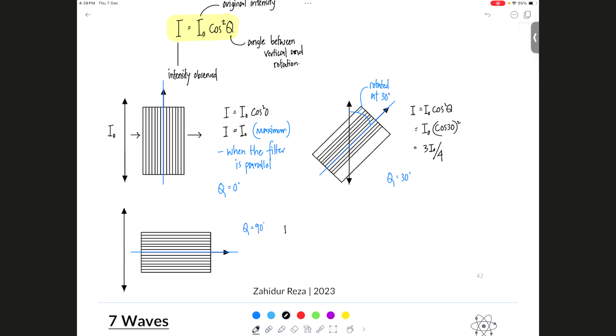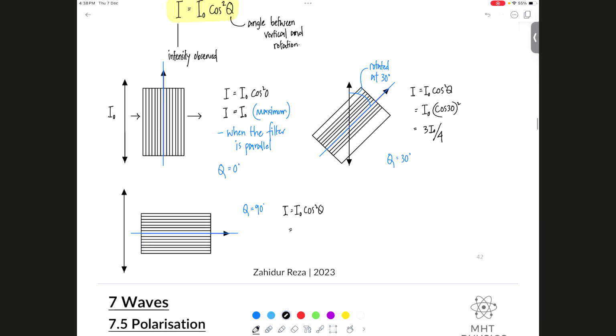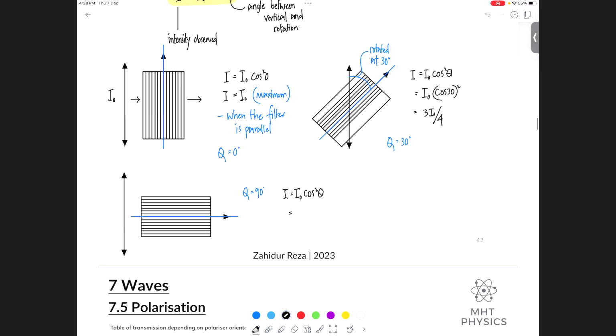It's going to be I equals I naught cos squared theta. Cos 90 is actually 0. So I naught cos 90 squared, you basically get I as 0. Therefore, we see no light. This is minimum when the filter is perpendicular.